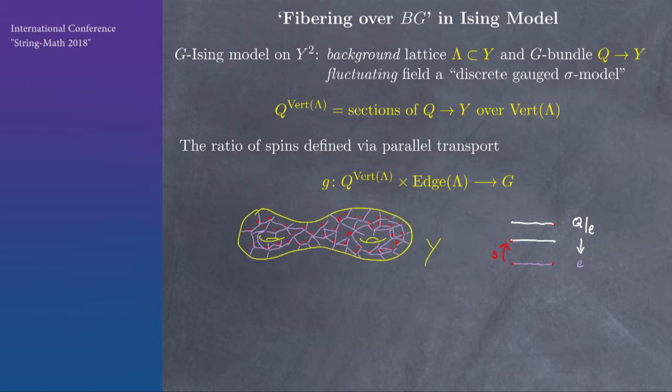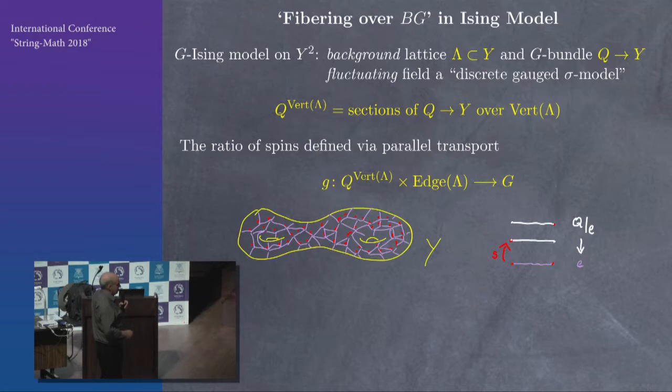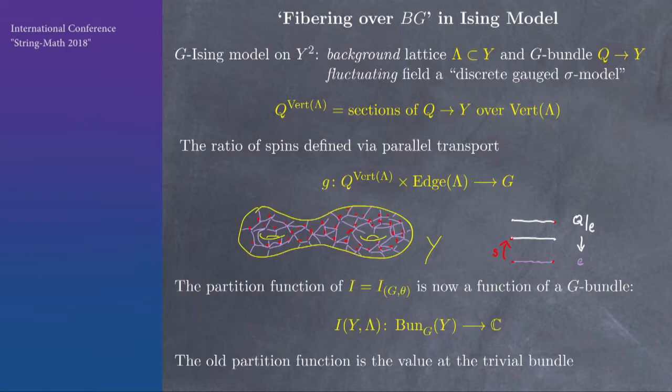So that's like a gauged linear sigma model, but here the sigma model is just over the vertices. And now we have to extend the theory, which means we have to extend the weights. But the weights, remember, were built from the ratio along an edge of the two spins. And even if they're living in some G torsor in this principal bundle, we still know how to compare because we can parallel transport along the edge. So there's no problem in extending the theory and making this kind of strong form of G invariance.